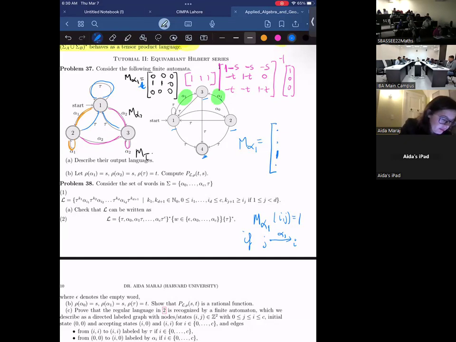And from 2 to 3, that means 3, 2. I have 1 there, and everything else is 0.